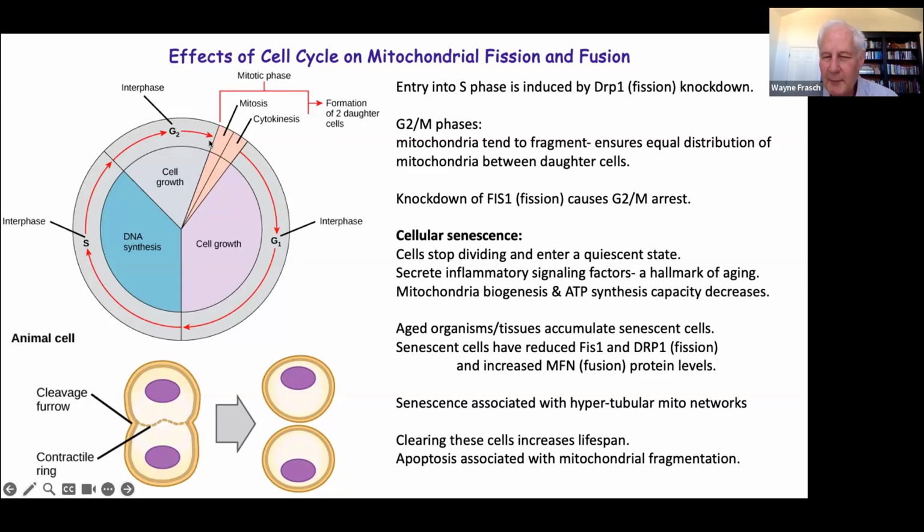During that, the mitochondria tend to fragment to ensure the equal distribution between the daughter cells. When you knock down the Fis1 protein, the fission protein, that causes the cells to get stuck in this G2M phase, so that they no longer will divide and stop growing. So this leads to cellular senescence. So the cells ultimately, many cells stop dividing.